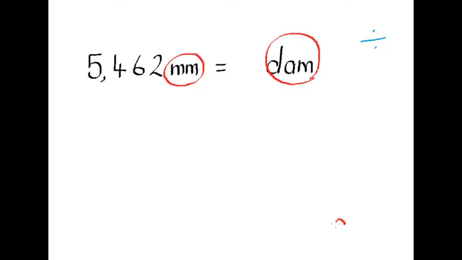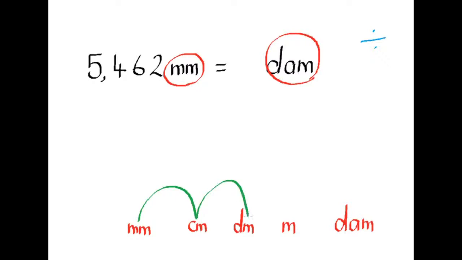From decameters, we go down to meters, then decimeters, centimeters, and millimeters. So we're going up, millimeters, 1 step, 2 steps, 3 steps, and 4 steps.